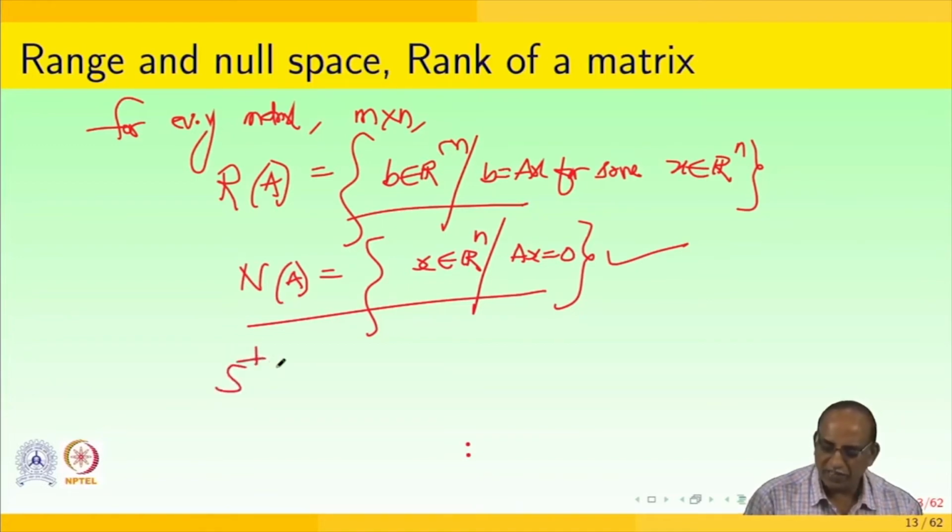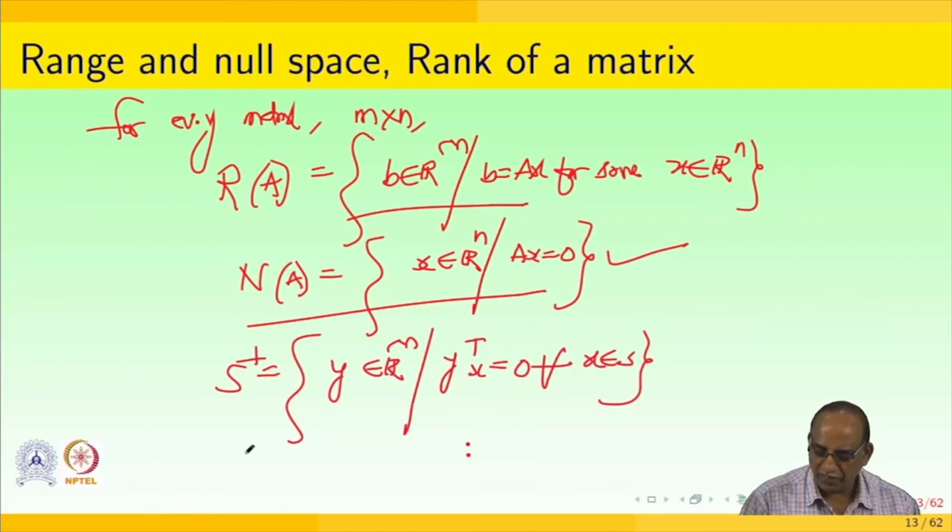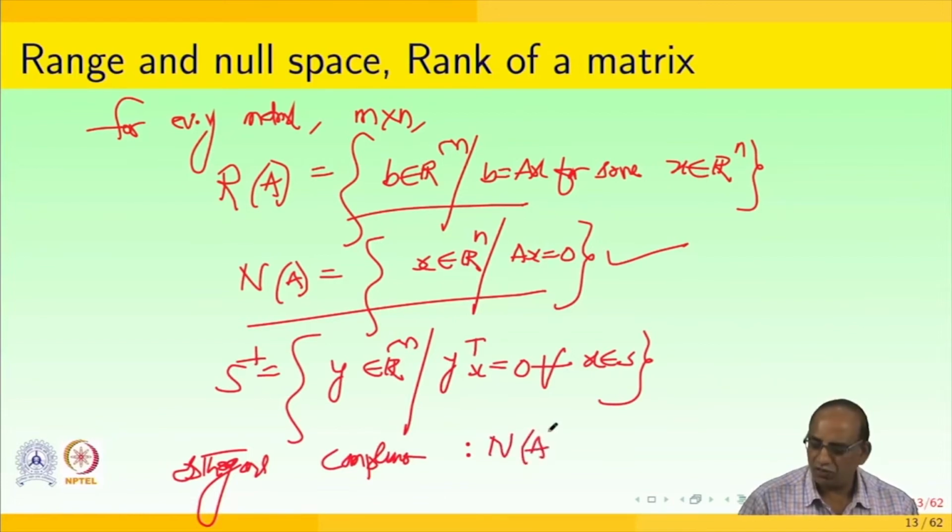S perpendicular we can define as the set of values of y belonging to R^m such that y transpose x is equal to 0 for all x belonging to S. So we can write the orthogonal complement: N of A is equal to the range of A transpose perpendicular, and this is the first property.